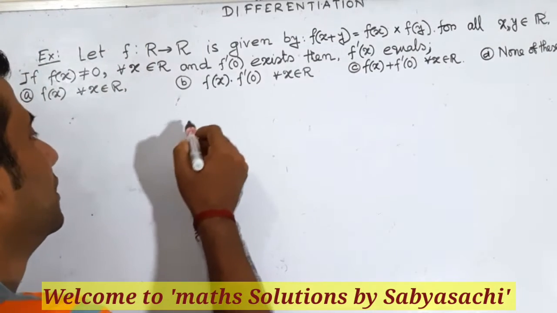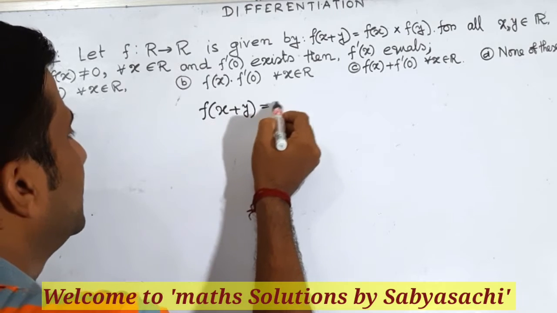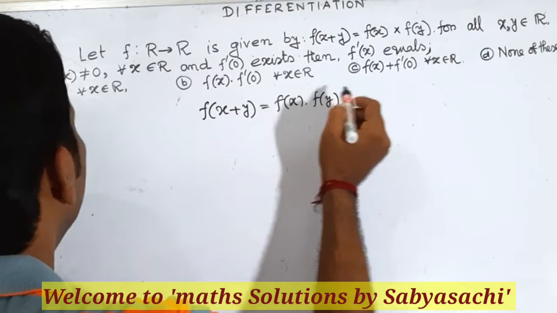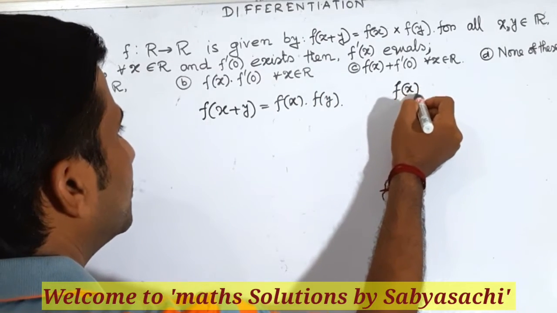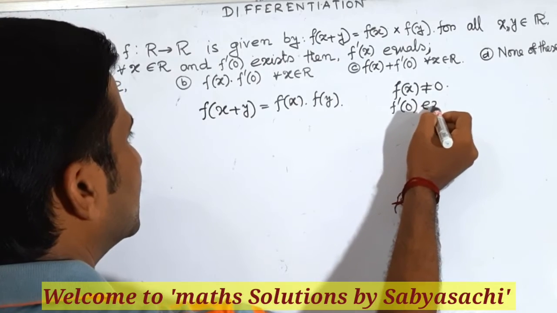So what is given is that f(x+y) is equal to f(x) into f(y), and also it is given that f(x) not equal to 0 and f'(0) exists.